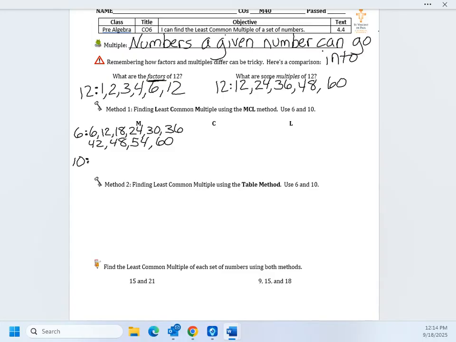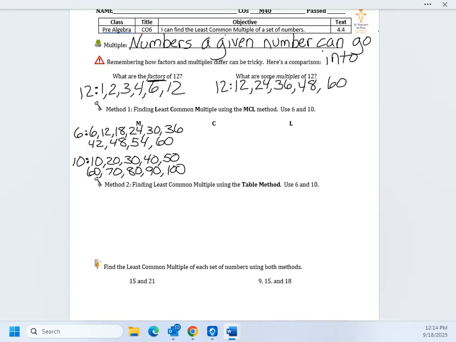I did it for 6. Now I'm going to do it for 10, because those are the two numbers that we were given. So 10 times 1, 10 times 2, times 3, times 4, times 5, times 6, 7, 8, 9, and 10. So that you're listing their multiples.